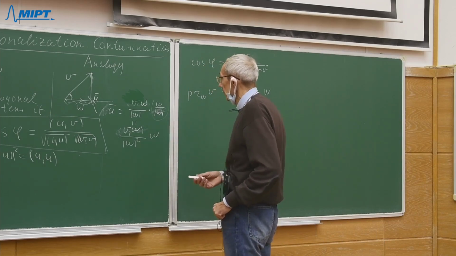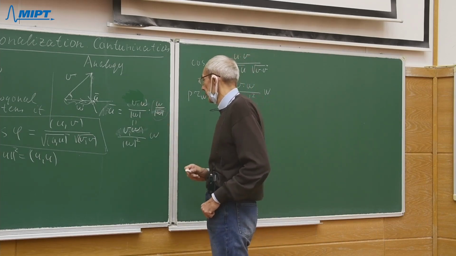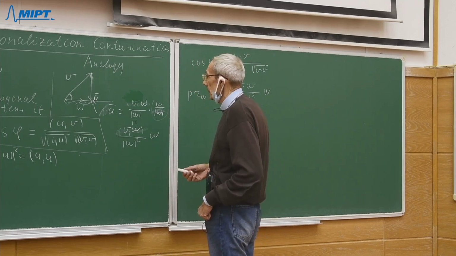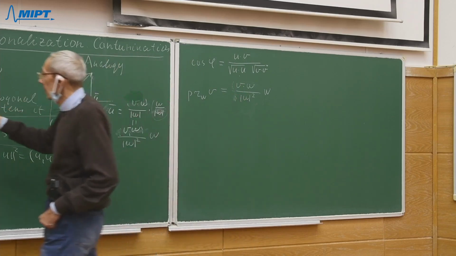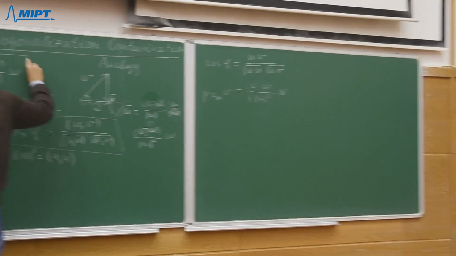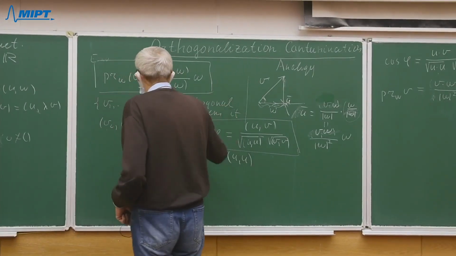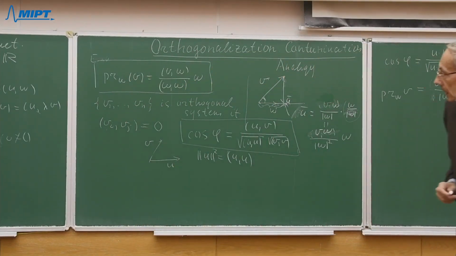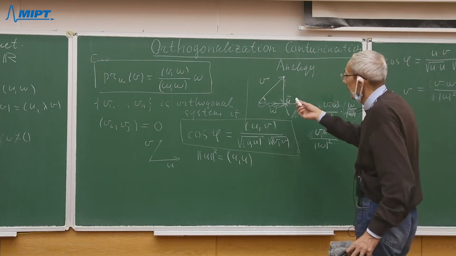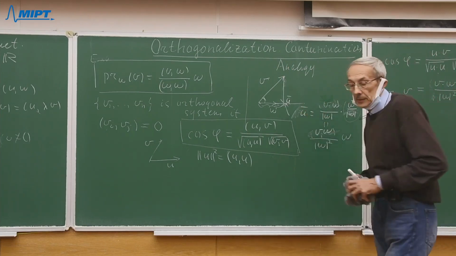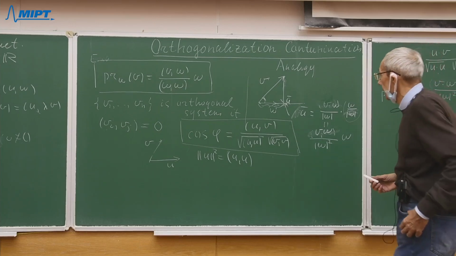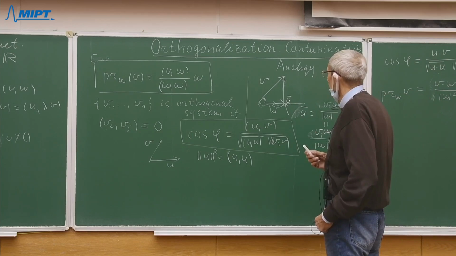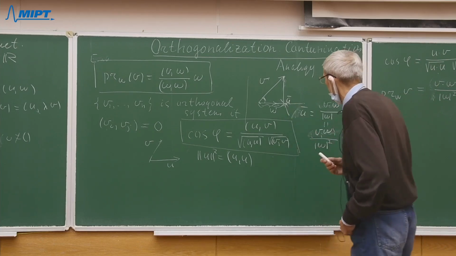And if we change the dot product to the abstract scalar product, we obtain the following formula for the projection of the vector v on the vector w. And we can use this formula and obtain the vector which is orthogonal to the vector w.